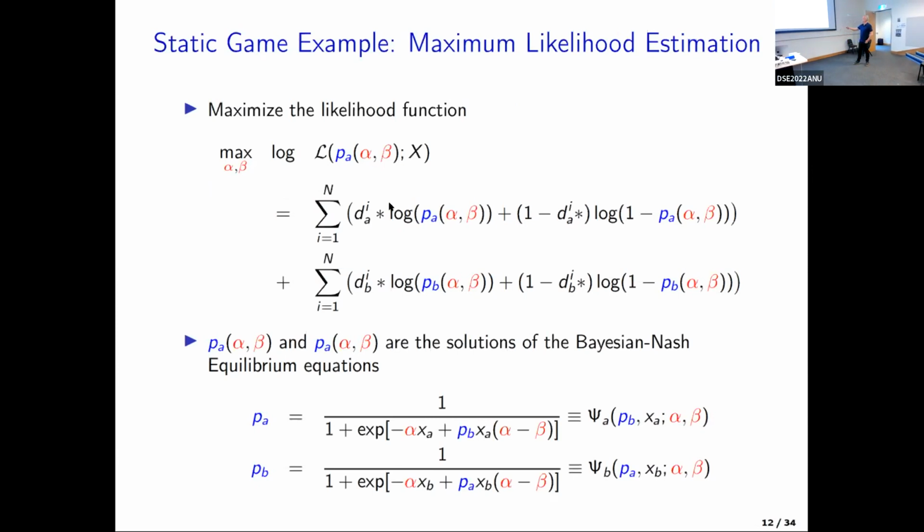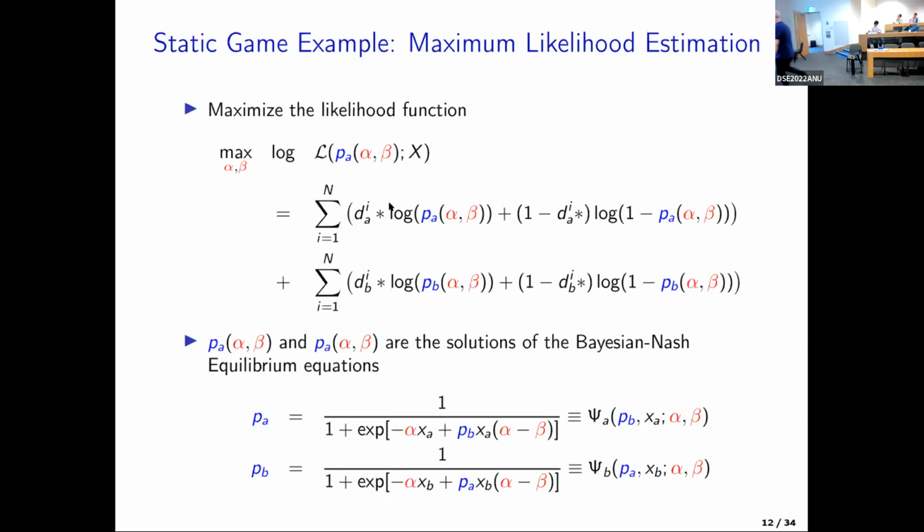And so here you've got the two contributions for the two players. So for firm A and for firm B, an indicator for firm A investing times the log of the probability that firm A is investing as a function of those structural parameters. Again, these are like implicit functions of these structural parameters.